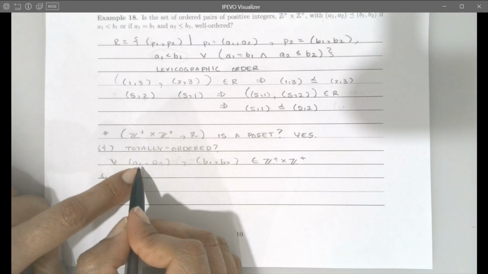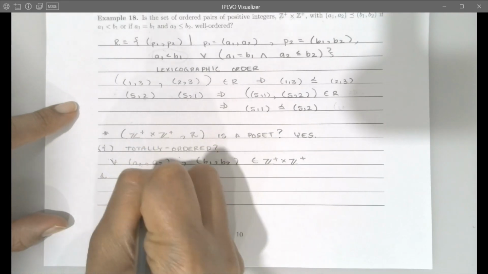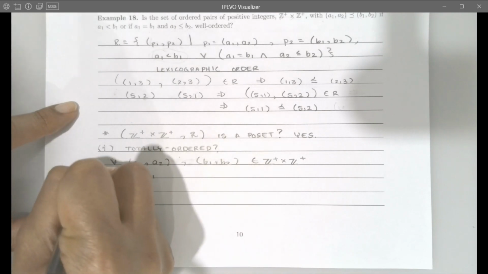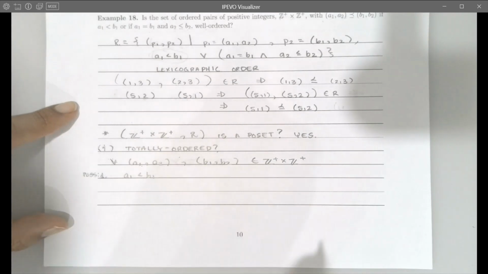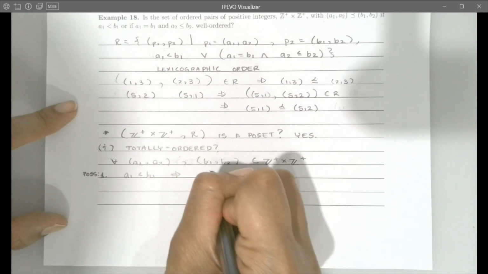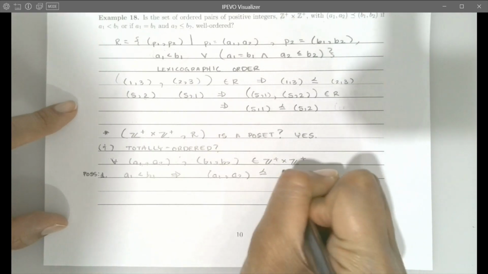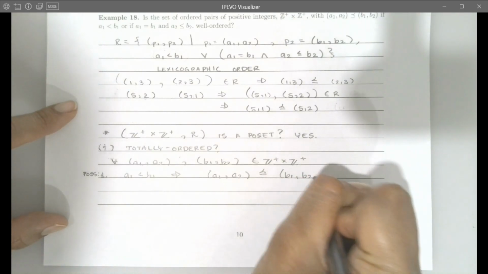We could either have that A1 will be less than B1. This is one possibility. In such a case, that means that A1, comma A2 will precede B1, comma B2.